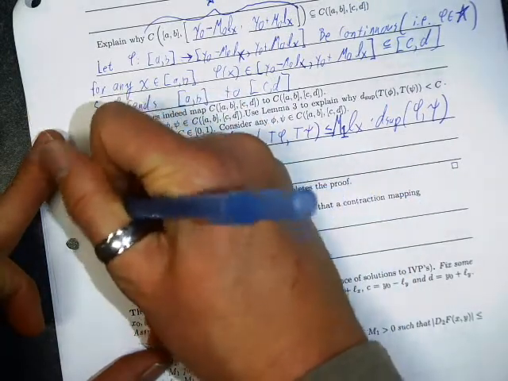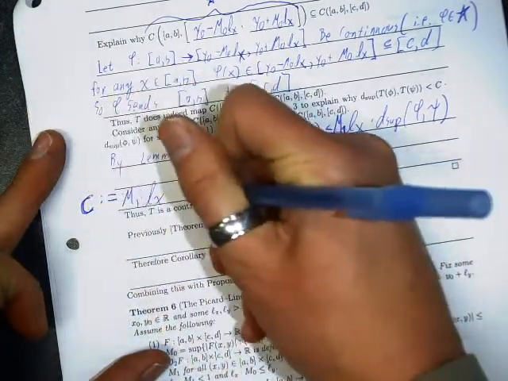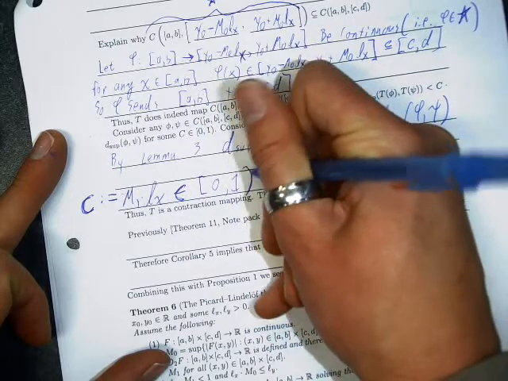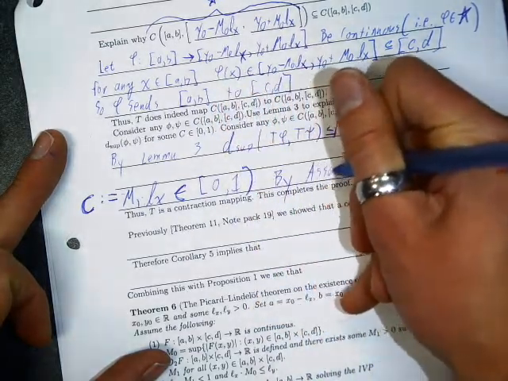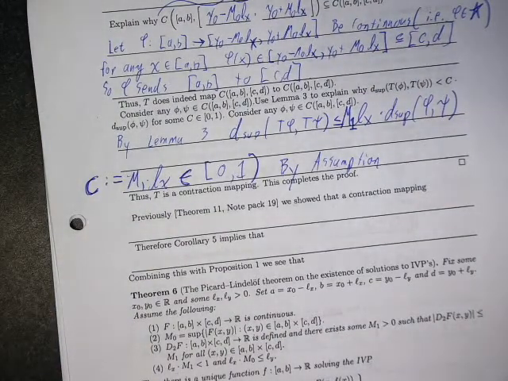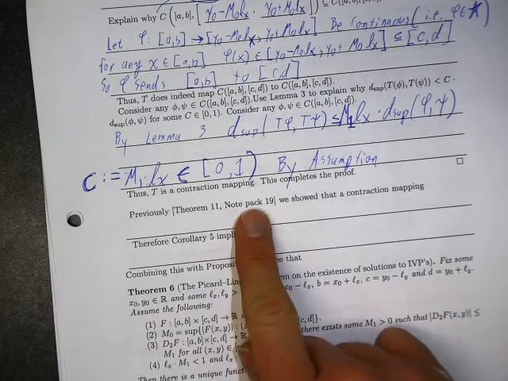Maybe I'll add clarity by saying C, which I will set equal to that, is in [0, 1) by assumption. So does that mean T is a contraction? That's all the corollary claimed. We proved something about contraction mappings, and that is why we're even considering this operator on fixed points. What's true about contraction mappings? They have fixed points. And if you trust my ability to keep my references straight, that should be Theorem 11 from Notepad 19.